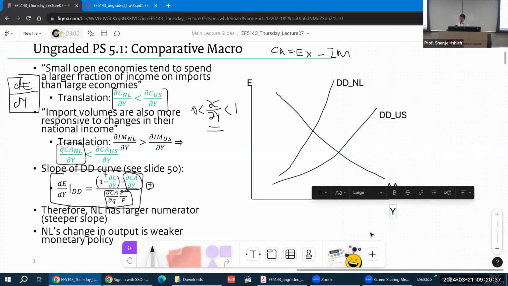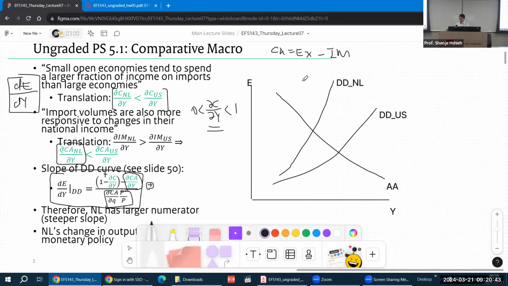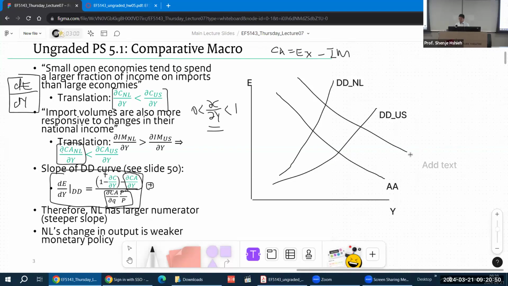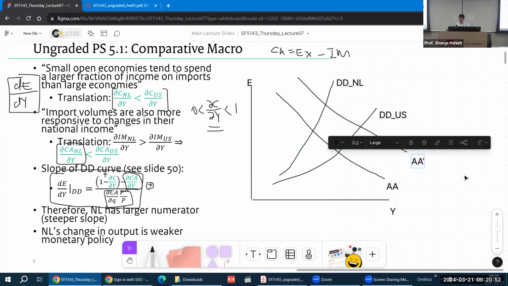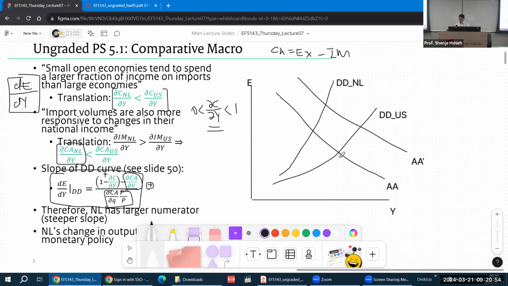So we can analyze this, assuming that both countries have the same AA schedule, roughly speaking. And then we do a monetary expansion, which we all know as an upward shift of the AA schedule. Hopefully you understand that. And then we can analyze the change in Y. So this is how you identify the change in Y.